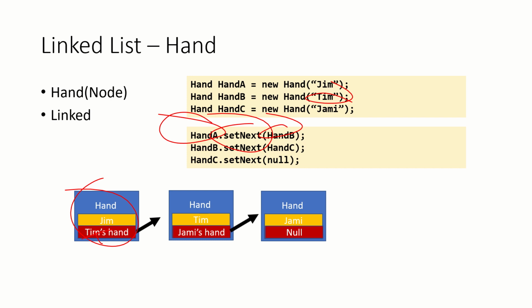But is this deep? Is this a linked list? No. Because this only tells us how we link them together, but didn't give us any method to insert at the head or the tail. How do you insert a new one as a head?